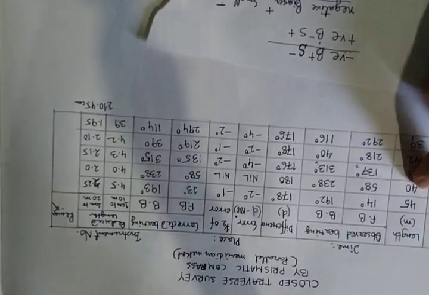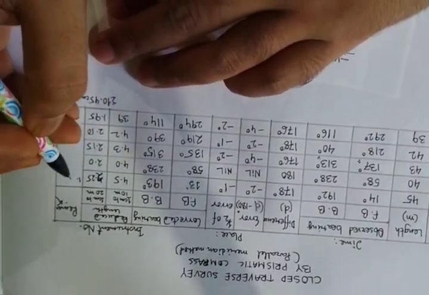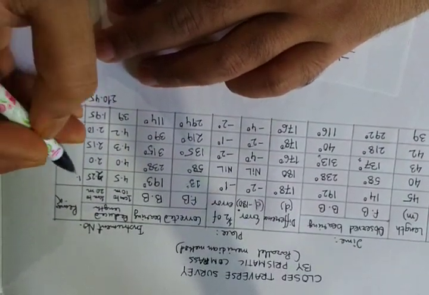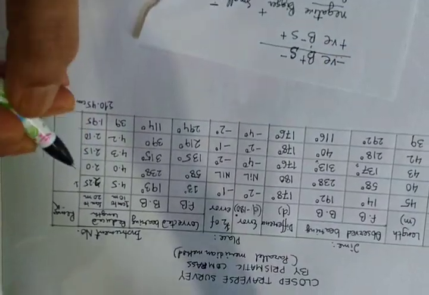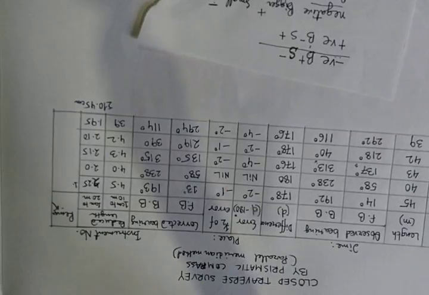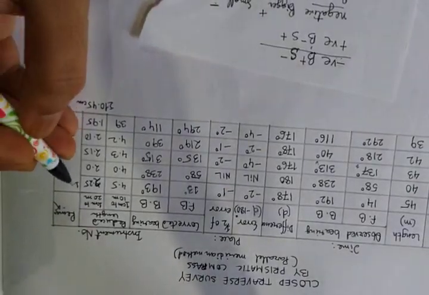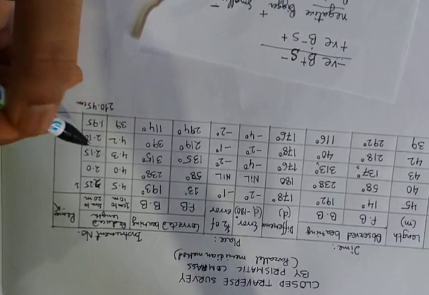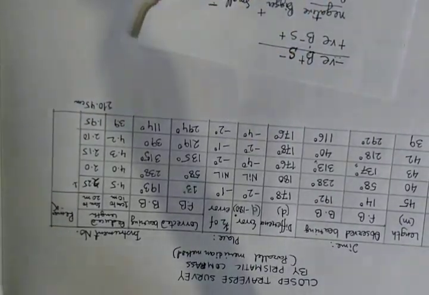Now the remark column. Here you have to write two things. One thing is whether the readings are taken clockwise or anti-clockwise. And the second thing is whether the stations are locally attracted or not.